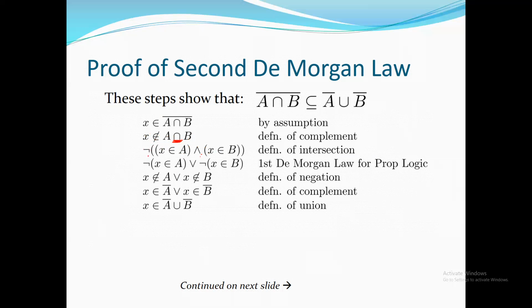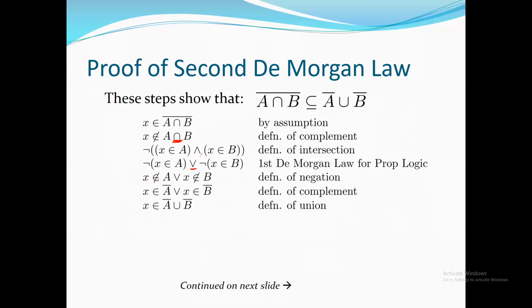So we apply the negation here, right, with the definition of this intersection. Now let's distribute this negation inside by using De Morgan's law. So negation of X belongs to A and negation of X belongs to B, but then this AND operator will be converted into an OR operator, right?